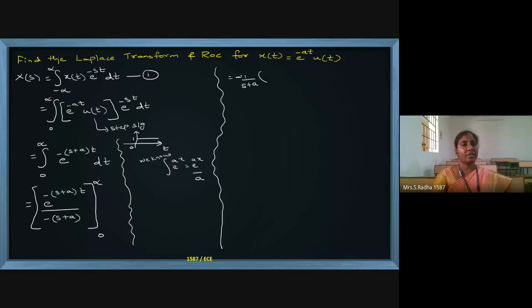Now e power minus of (s plus a), with infinity in place of t, becomes e power minus infinity, minus the substitution of the lower limit.